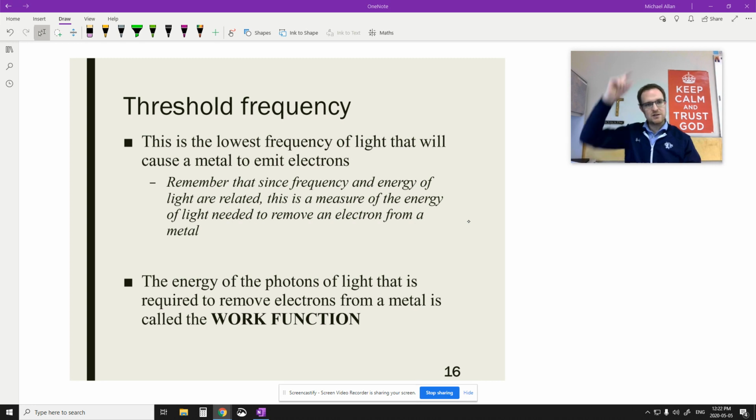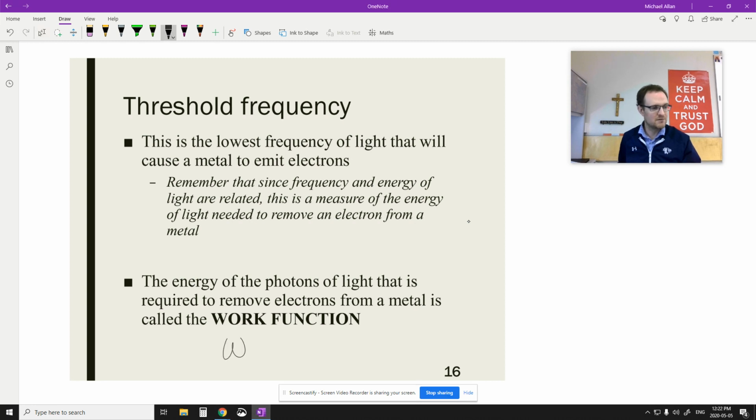We can relate the energy that's required to get out to the frequency, that threshold frequency, because Planck says that the frequency of light can be changed into energy because they are just packets of energy, according to Planck and Einstein and Gilbert Lewis and stuff. So we can change this into what we call the work function.